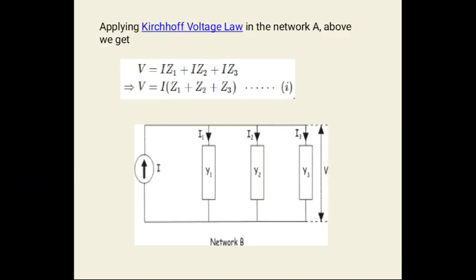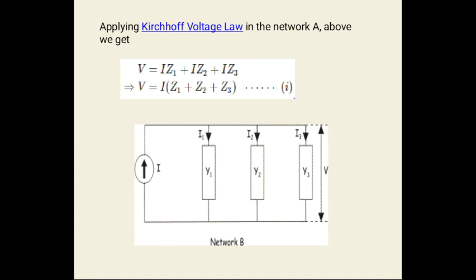Now we apply KVL in network A. So the KVL equation is V is equal to I Z1 plus I Z2 plus I Z3, where IZ1 is voltage drop across Z1, IZ2 is voltage drop across Z2 and IZ3 is voltage drop across Z3.